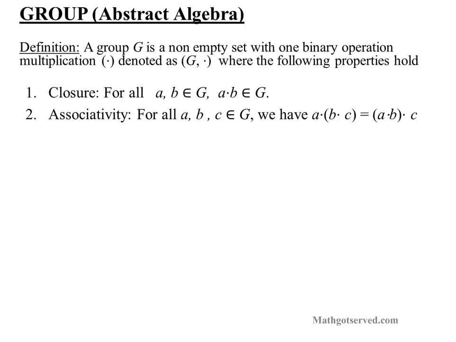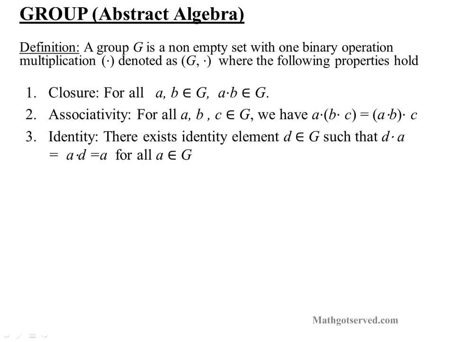So let's say we have any three elements in the set G, then A times the product of B and C should be the same thing as the product of A and B times C. So whichever way you group the multiplication process, you end up with the same result. Okay, so elements of group G have to satisfy the associative property on the operation of multiplication.